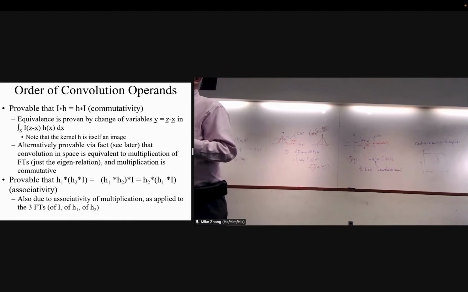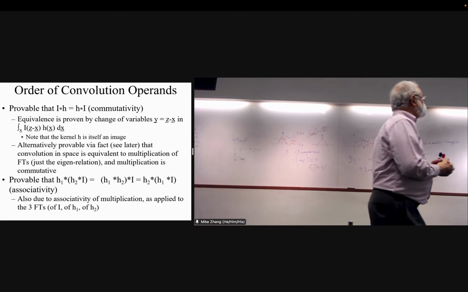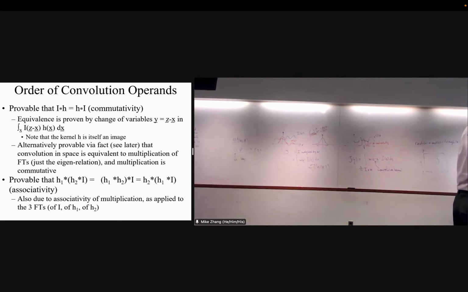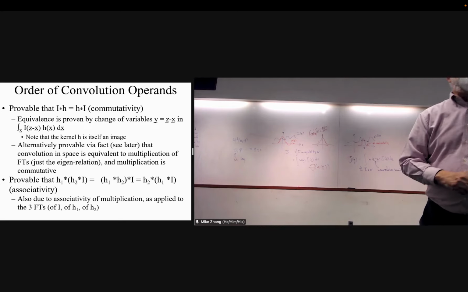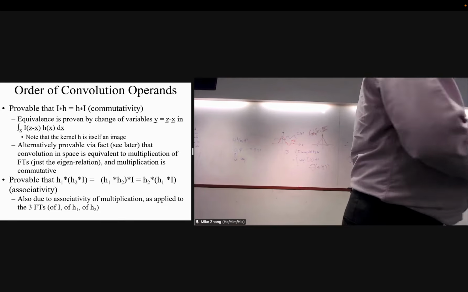It's commutative. I convolved with H is the same as H convolved with I. Okay. You just do that change of variables y to z minus x and you'll see that that works. Okay?